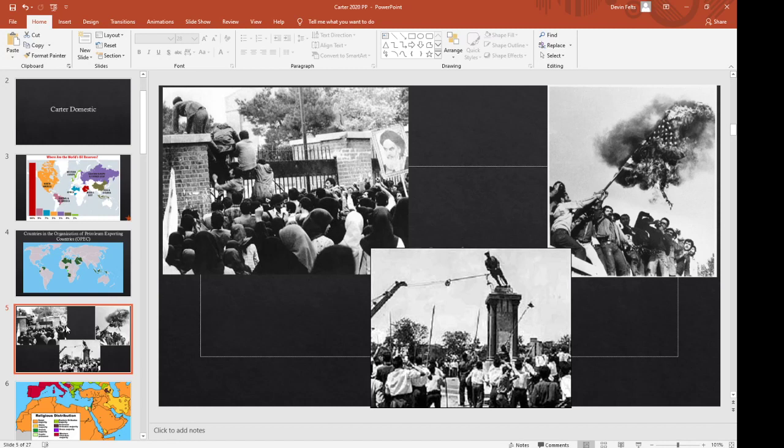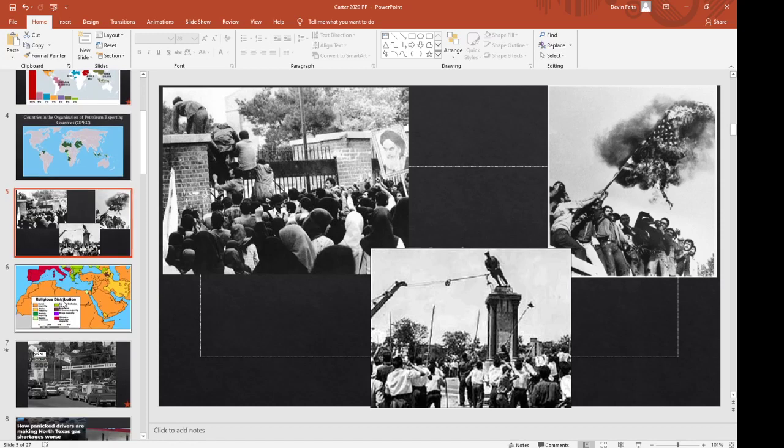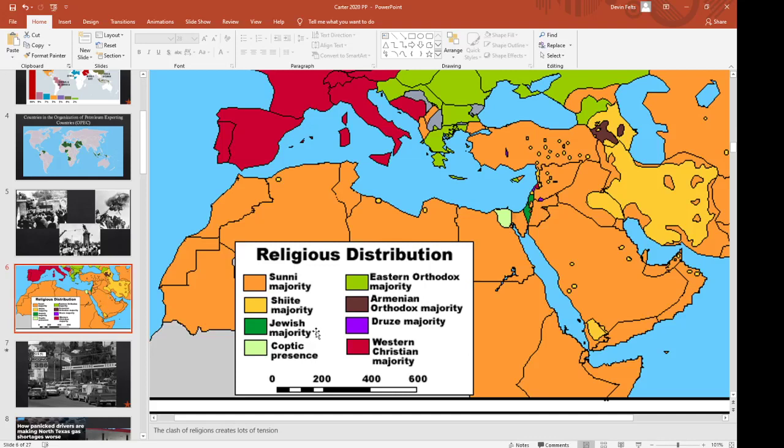Iran had a dictator at that point, and he was overthrown by a religious leader named Ayatollah Khomeini. Whenever he took over the country, he kicked out all the Americans. He took over the American embassy, and from that point on, our relationship with Iran has been pretty bad.